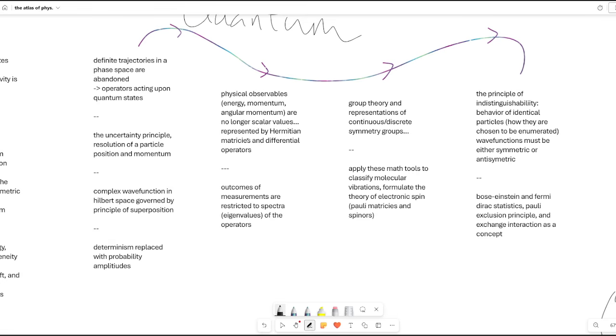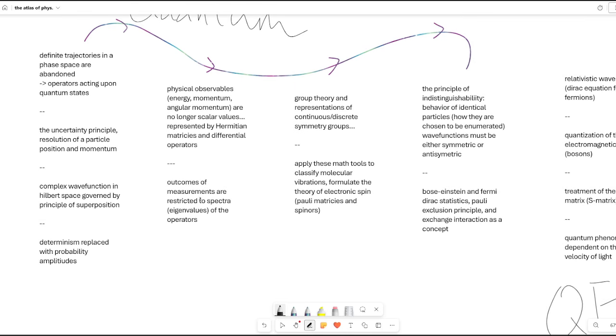So you have Hermitian matrices and differential operators that start replacing the concept of physical observables, and the outcomes of measurements are restricted to the spectra of the operators themselves.